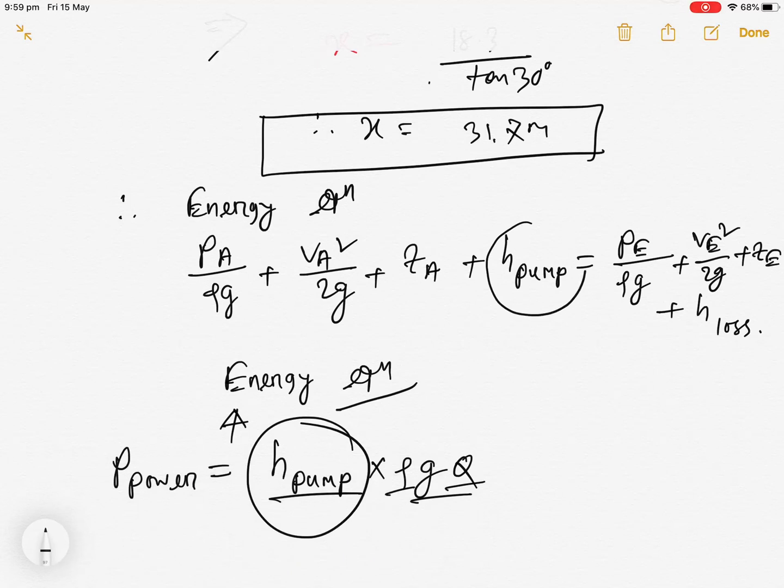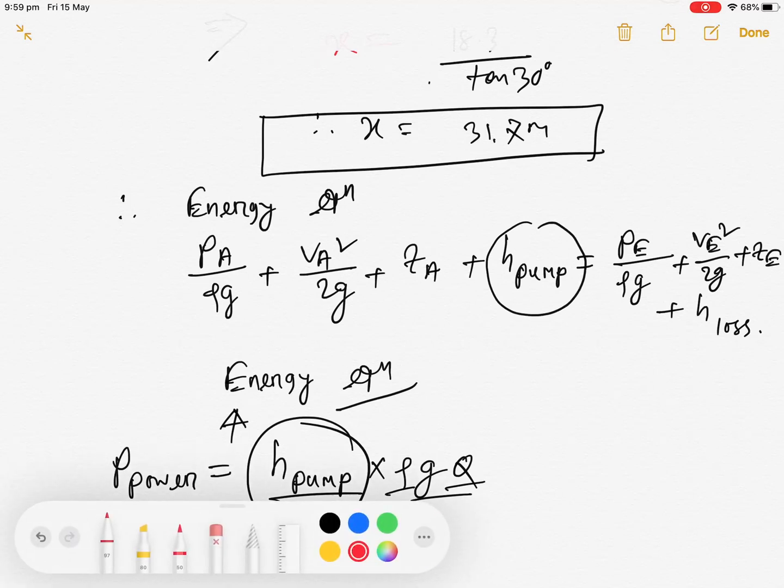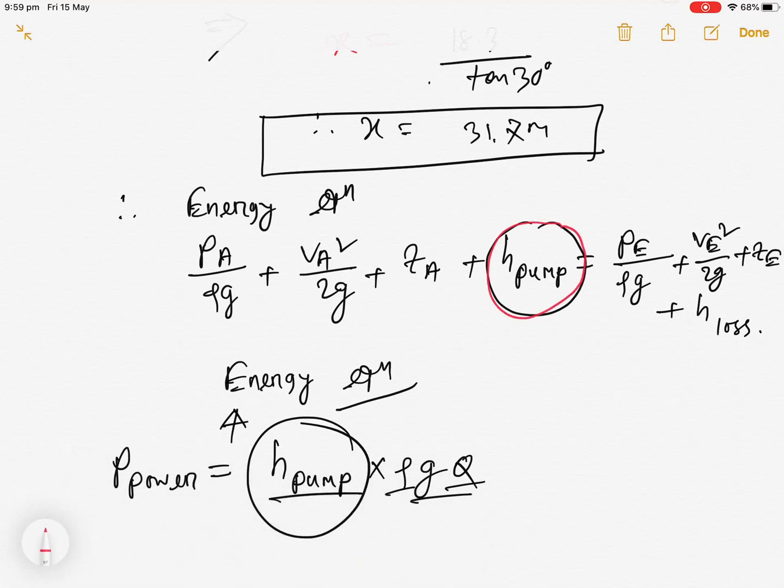So here, guys, this term Hp is the energy added, and this is the energy loss.